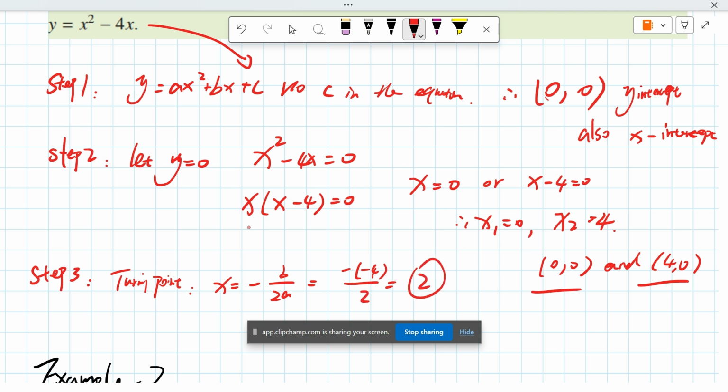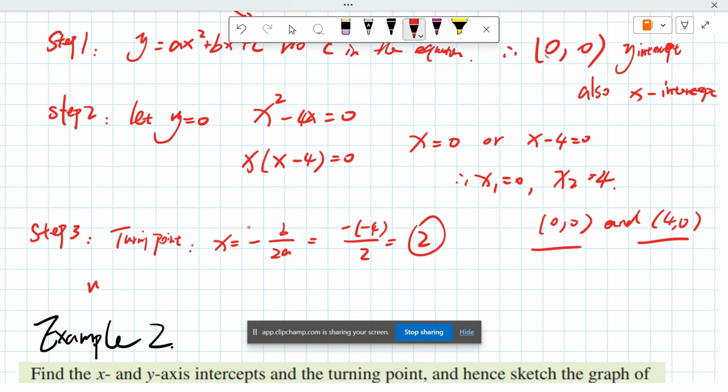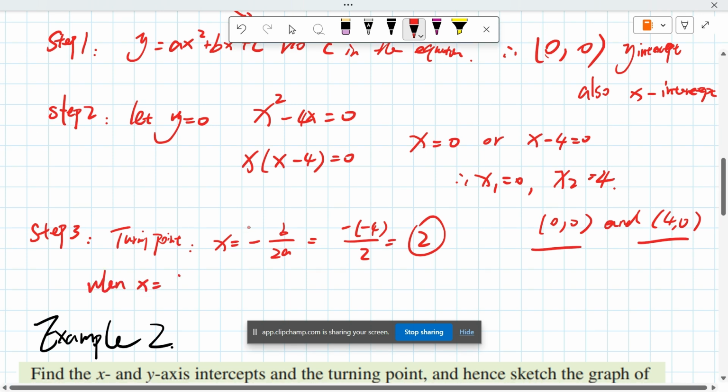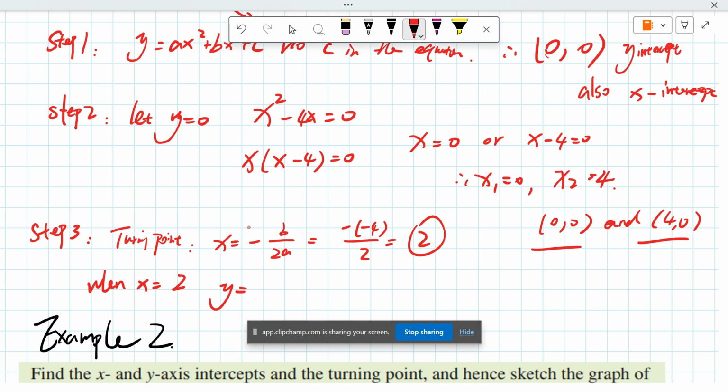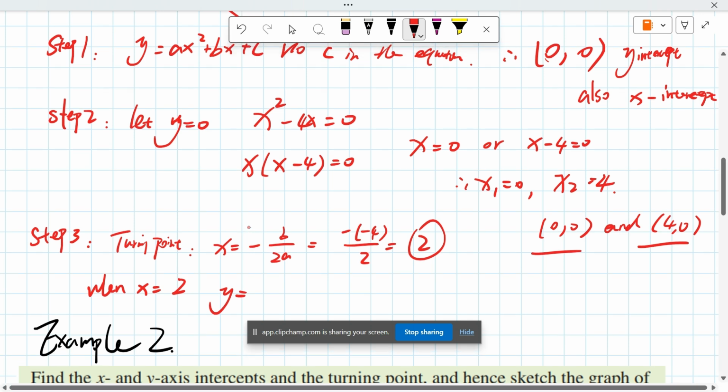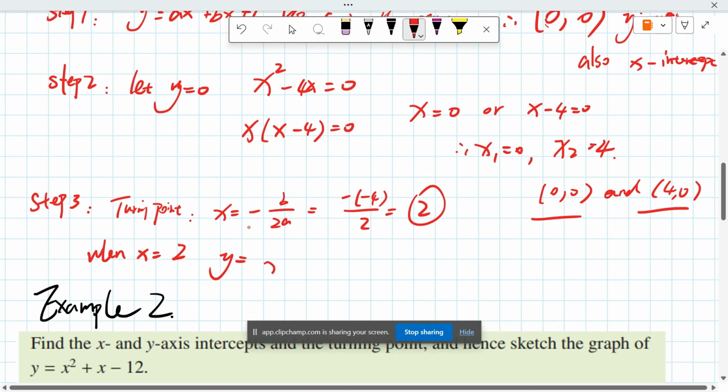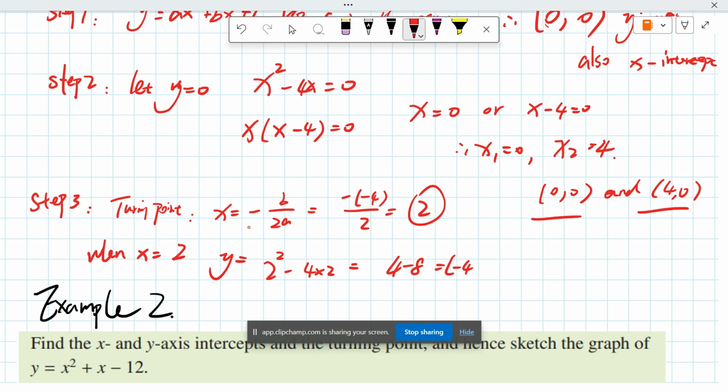So when x equals 2, y equals 2 squared minus 4 times 2, which is 4 minus 8, equal to minus 4. So (2, minus 4) is the turning point.